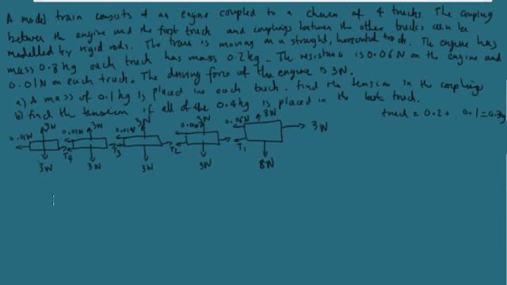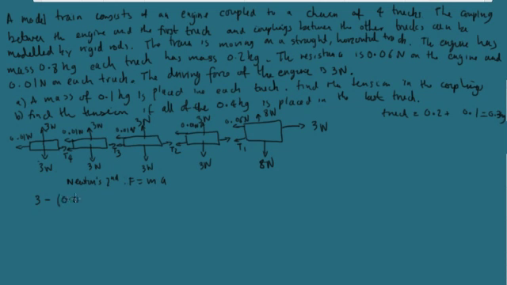So if we deal with this whole system, Newton's second law, F equals ma, we will have 3 newtons in that direction minus, we're going to add all the resistance forces going in the opposite direction, so it's going to be minus all those added together.